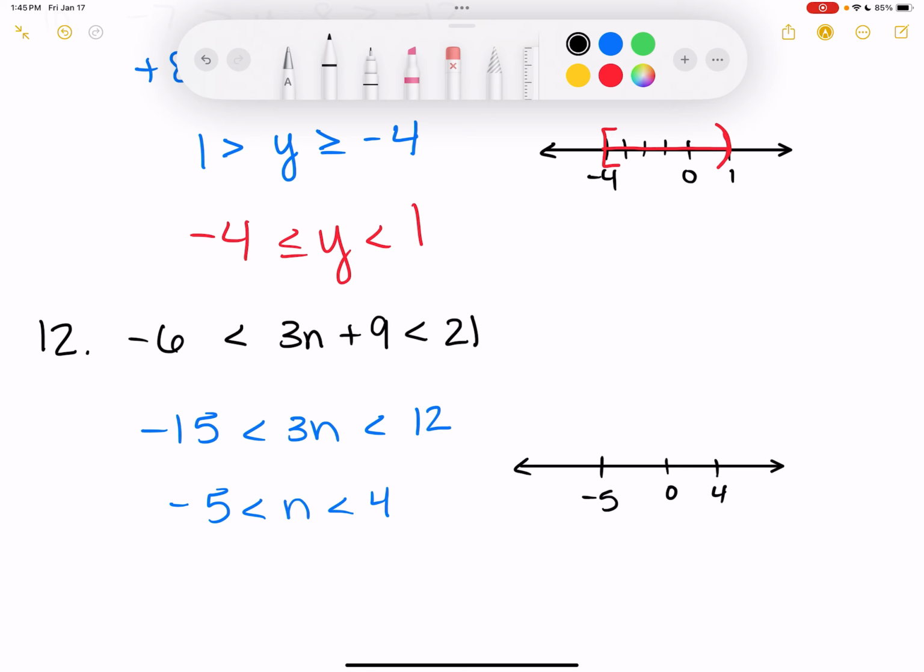So the variable is between the inequalities. That means that the graph is facing inward. These are both just less thans. So is it parentheses or brackets? Parentheses on both. So parentheses at negative 5 facing in, and at positive 4 facing in, and I color between.